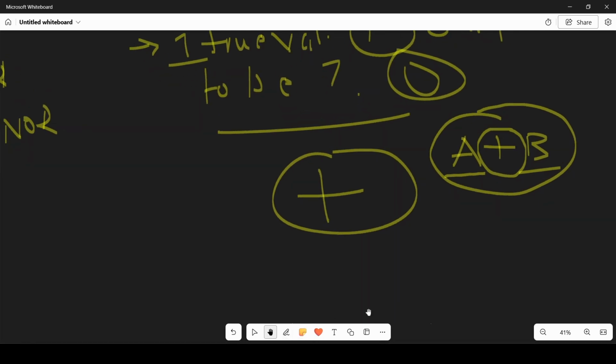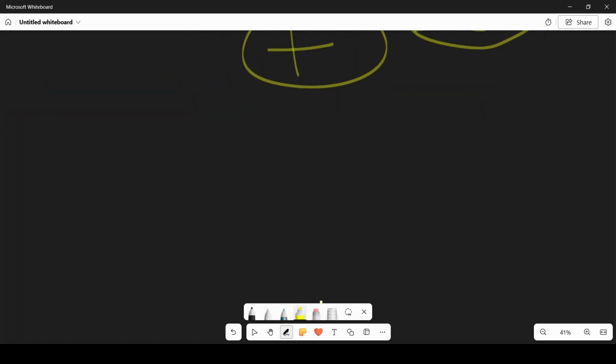The OR gate also has a diagram to represent it. It is represented by this diagram. As you can see, there are these two lines. The two lines you see are the inputs, and the dot you see here is the output.